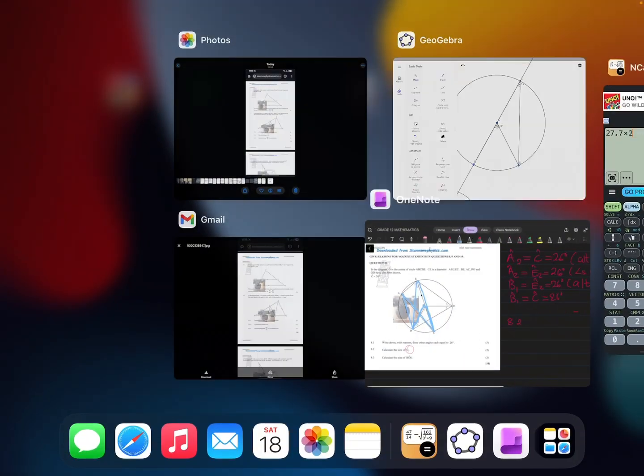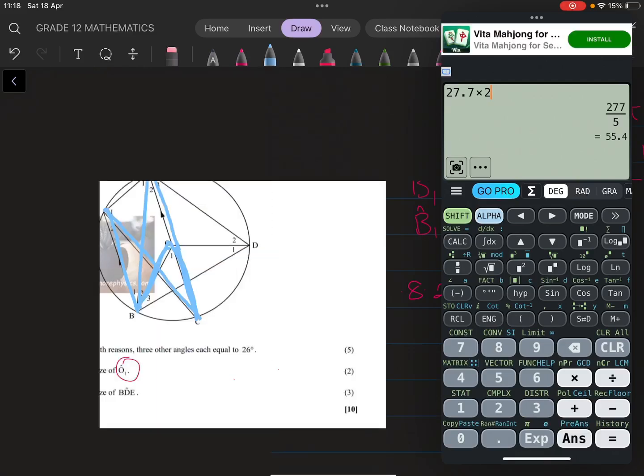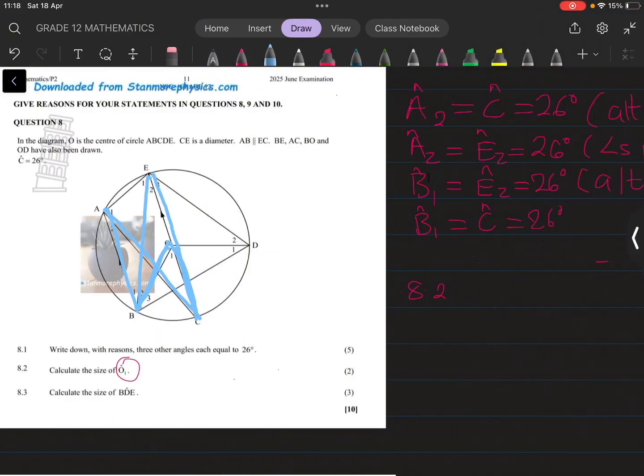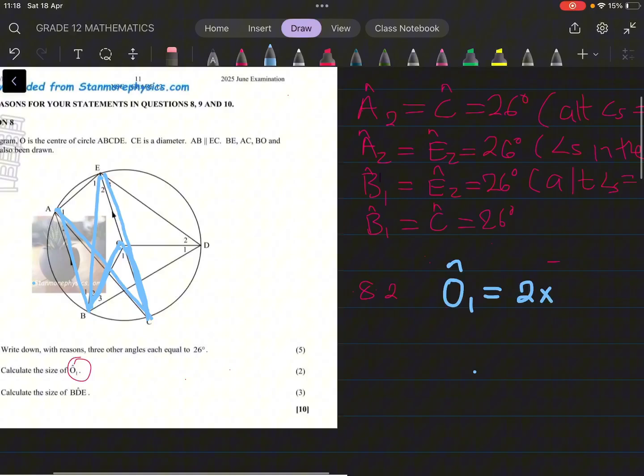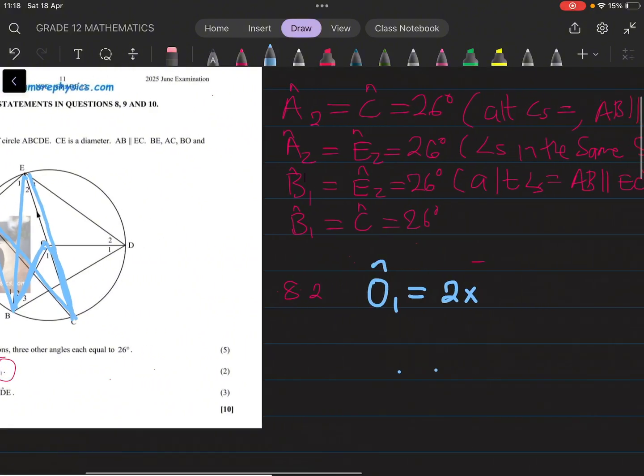Okay, now let's go back to our equation. So now we can safely say that angle O1 will be equal to 2 times, you can either say angle A2 or angle E2.